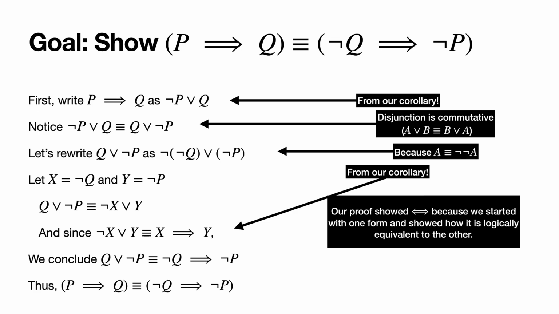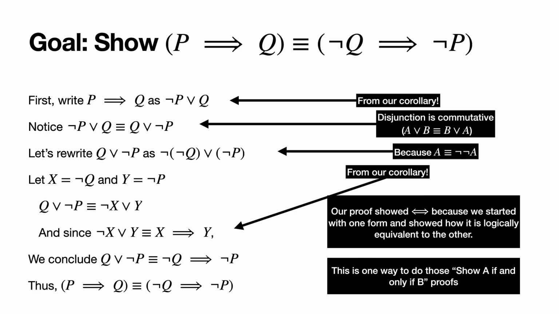We actually showed the if and only if case. And this is one way you can do those show A if and only if B proofs. Sometimes you'll get a proof and it'll say show A if and only if B. And what you have to do is show that A implies B and show that B implies A. But if you can show that A is logically equivalent to B, meaning you start with A and all of your steps are proving logical equivalence and then you get to B, then you're good. You basically have shown the if and only if case.